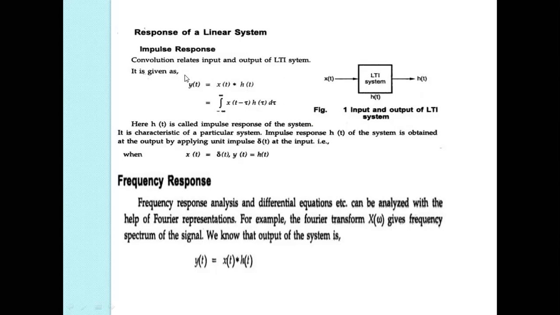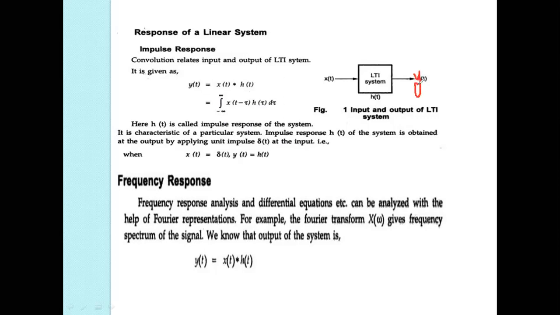It is given as y of t is equal to x of t convolved with h of t, which is the integral from minus infinity to infinity of x of t minus tau, h of tau d tau. Here h of t is called the impulse response of the system. See here the x of t and here the h of t. Now it is not the h of t, my dear students, it is y of t. Something went wrong here.